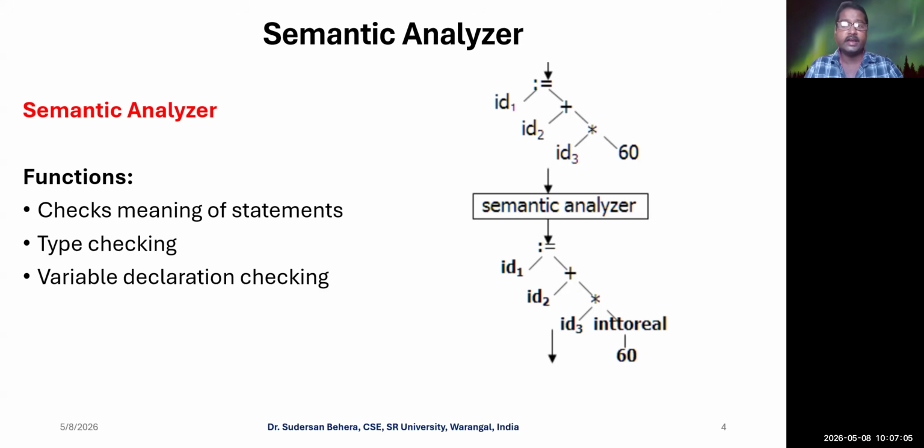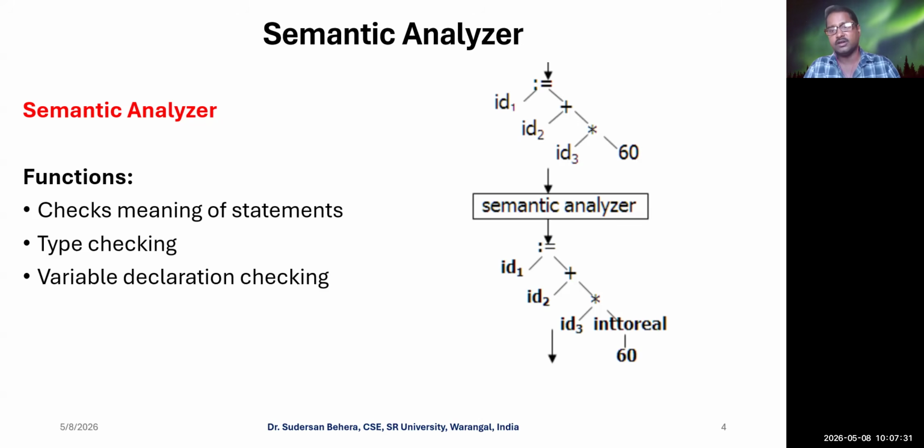It cannot be added directly with any real number, so it needs to be changed. So now the role of the semantic analyzer is to change 60 to 60.0, integer constant to real constant. To do that, it has some operators which are predefined in the system or the compiler.